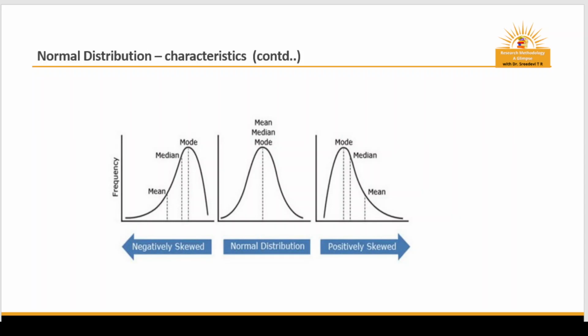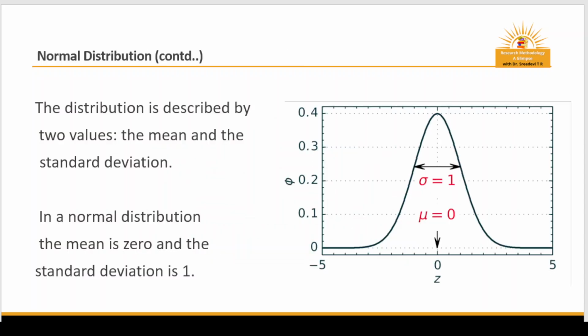Then another characteristic is that the distribution is described by two values, the mean and the standard deviation. In a normal distribution, the mean is 0 and the standard deviation is 1. The area under the curve is 1, or 100%.